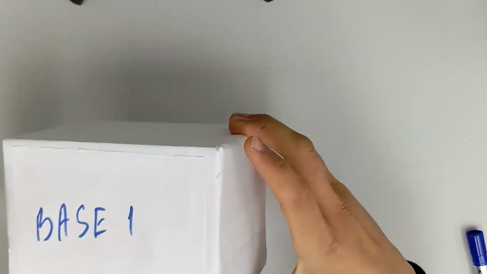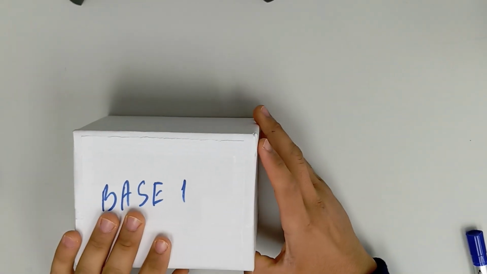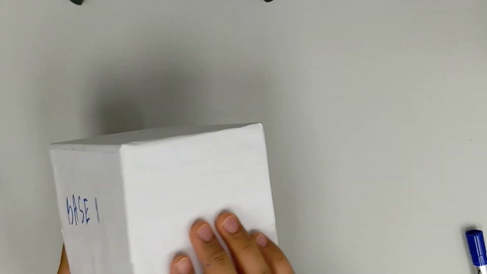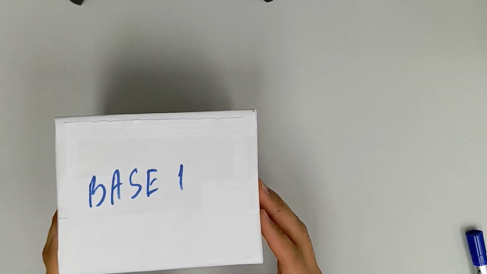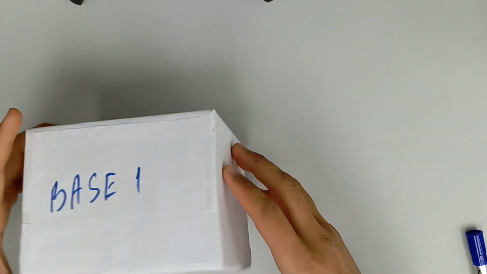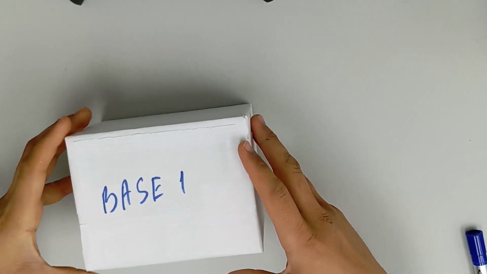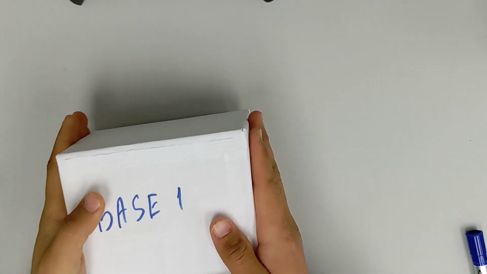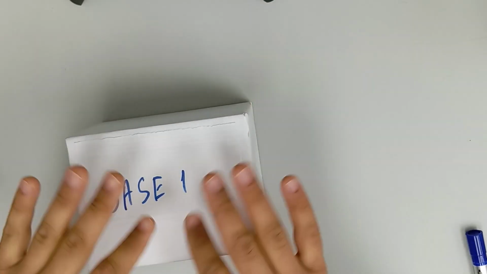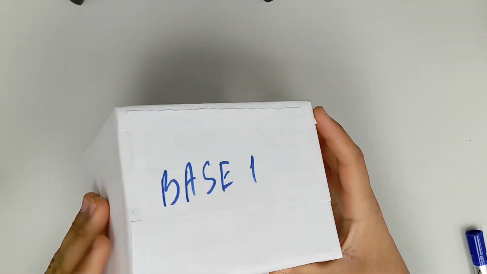A prism is a 3D shape that has two bases which are exactly the same shape, and flat rectangular sides connecting them. Examples are a rectangular prism, a triangular prism, and a hexagonal prism, and here you can see the rectangular prism. To find the surface area of a prism, you need to find the area of all of its faces, the two base faces and the rectangular side faces.